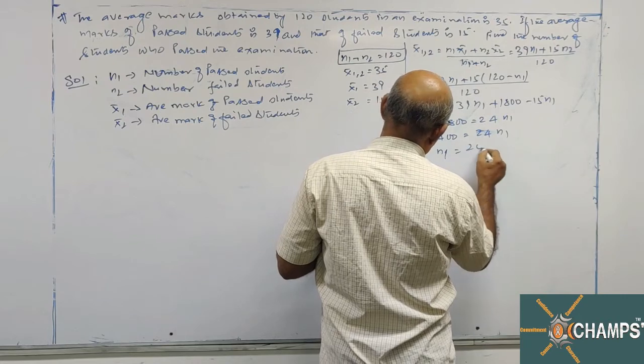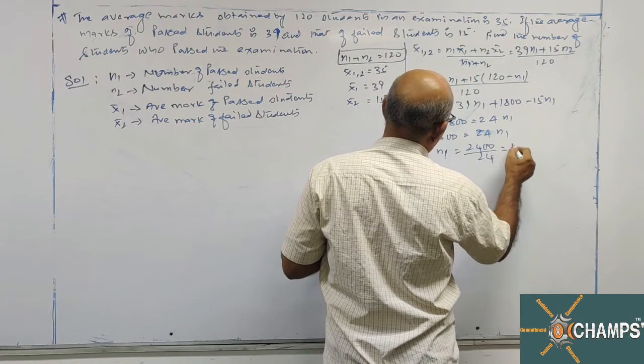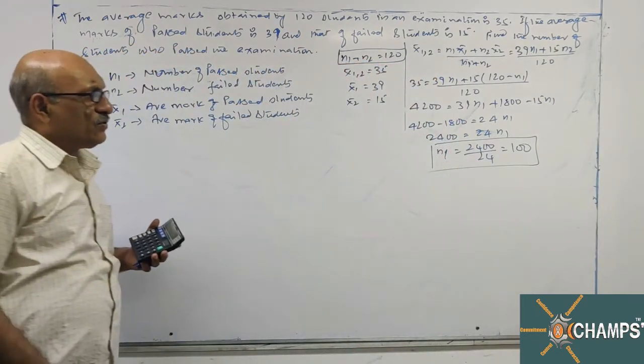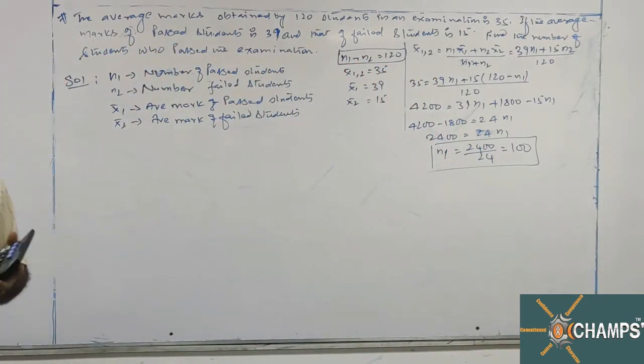N1 is equal to 2400 divided by 24, which is 100. How many students passed? 100 students passed.